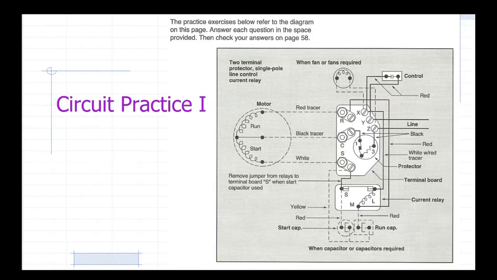Which terminal in the current relay conducts current to the run winding of the motor?